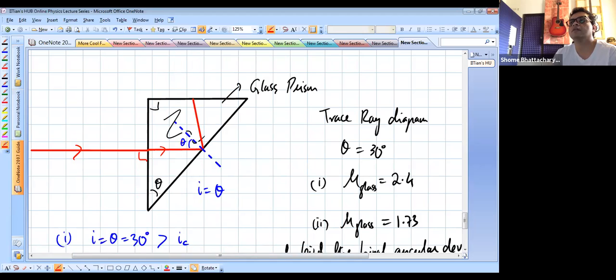Where this angle is also theta. And then it will be incident over here, where we can now find the new angle of incidence, which will be this angle. So you can see that the angle of incidence will also become 30 actually.